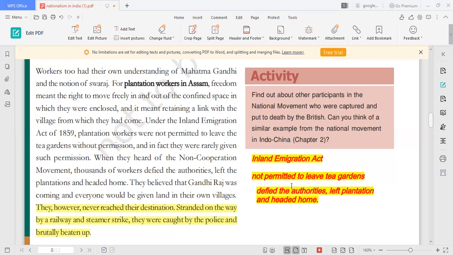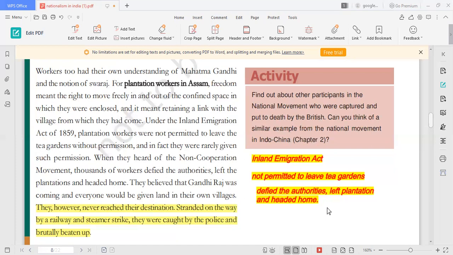So they refused to obey these authorities, left the tea plantation, and headed home. They decided that Gandhiraj would come, Gandhiji will save us. We need not be obedient to these people. We need not be bonded labor to these authorities. They felt, they believed. So they defied their authorities. They left the plantations and headed home.